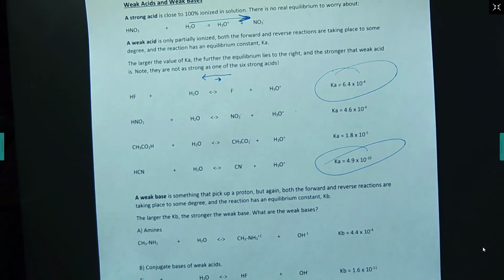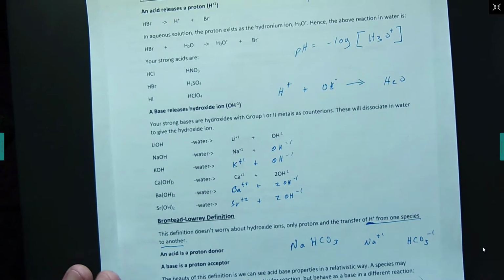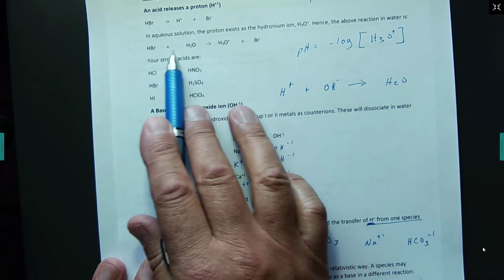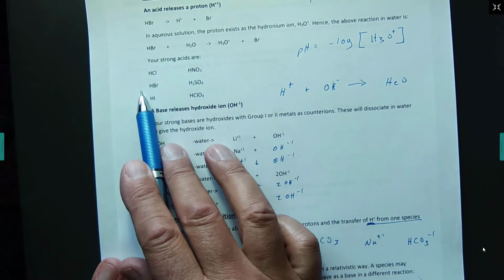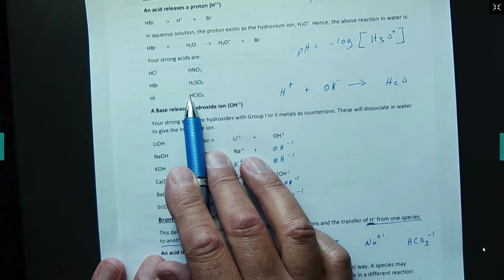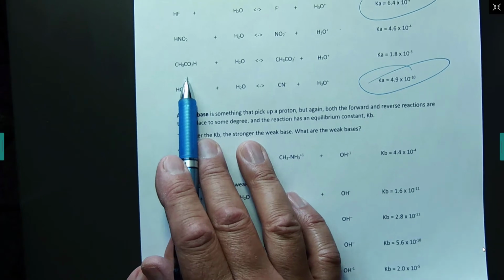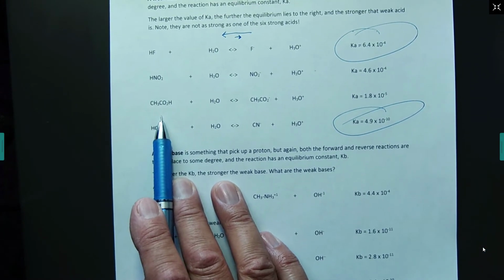The way I've always thought of it, guys, this gets confusing for people. Weaker, stronger, weak, strong. Think of it as football teams. You have the NFL. These are your strong acids. These guys are super, super strong. 100% ionization. These weak acids, these are high school teams. There's no comparison, really.